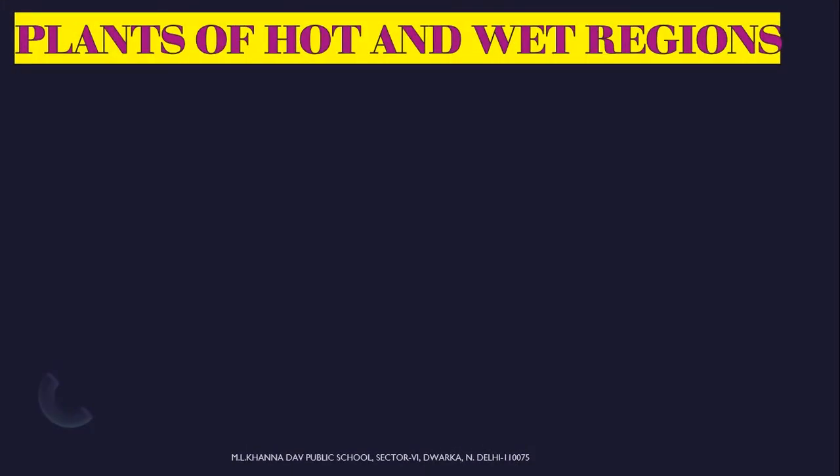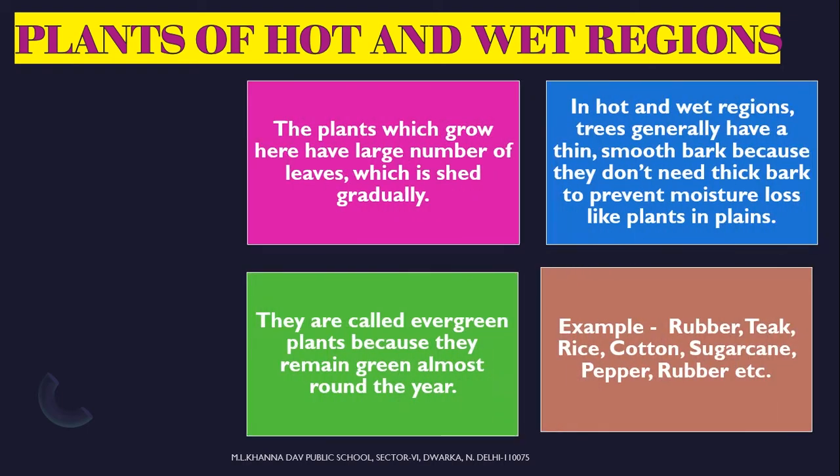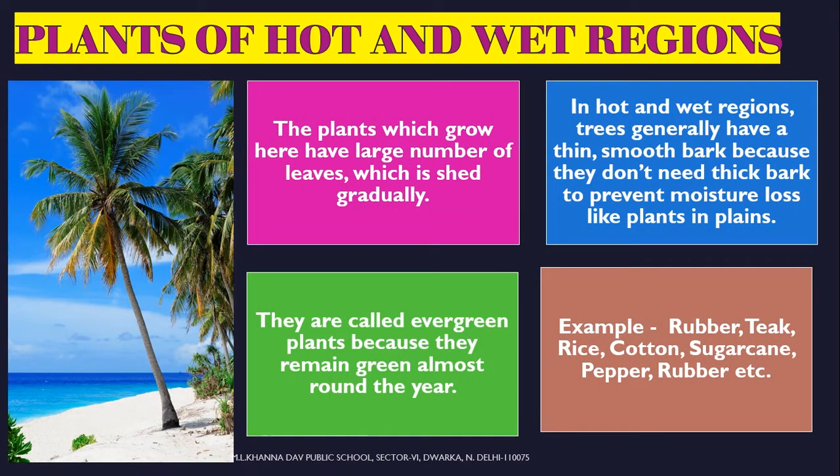Now we will be discussing about the next habitat, and the plants which grow in the hot and wet regions are also called evergreen plants. This is because they have a large number of leaves and they shed the leaves gradually, not at the same time as in the plants of plains.